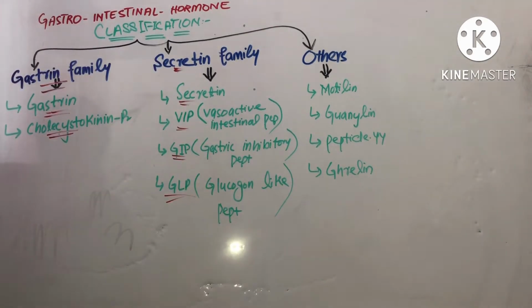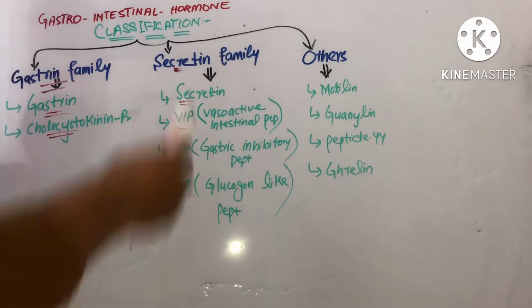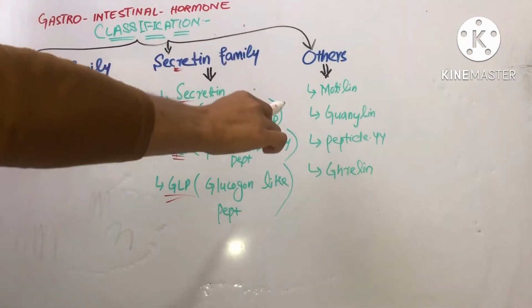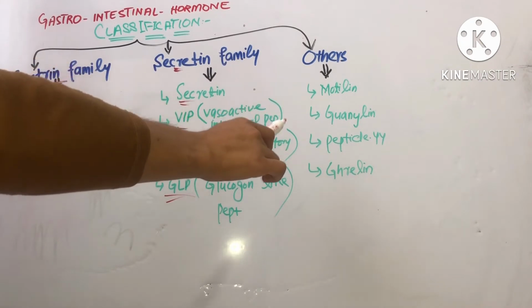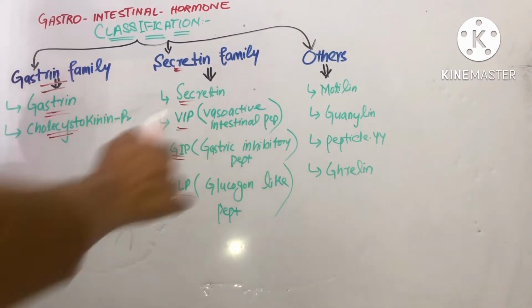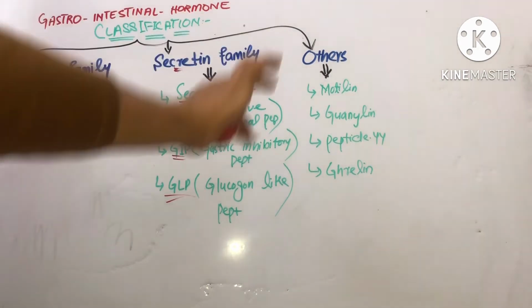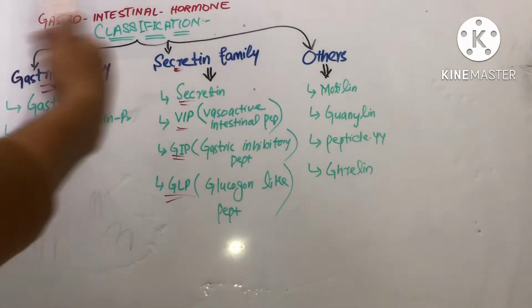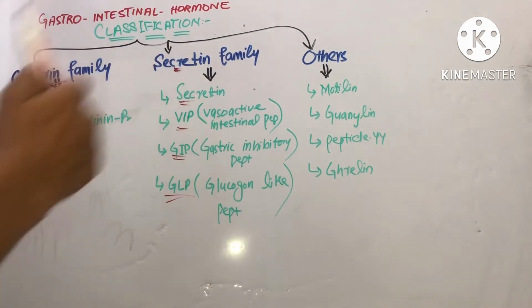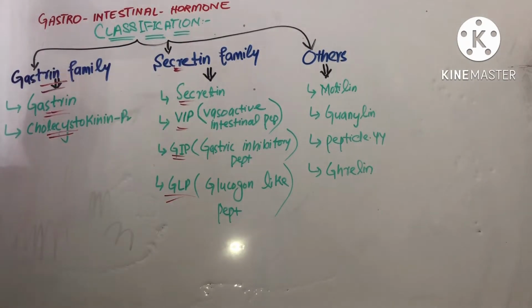Out of secretin and gastrin, we have other hormones: number first is Motilin, number second is Guanylin, number third is peptide YY, and number four is Ghrelin. So these are the hormones that are secreted throughout the GIT tract. We will discuss them step by step. First we are going to start from the gastrin family.